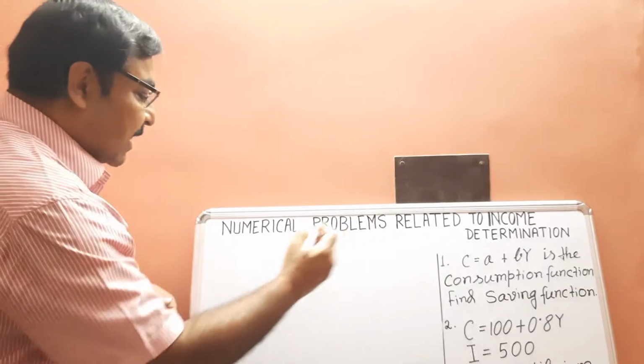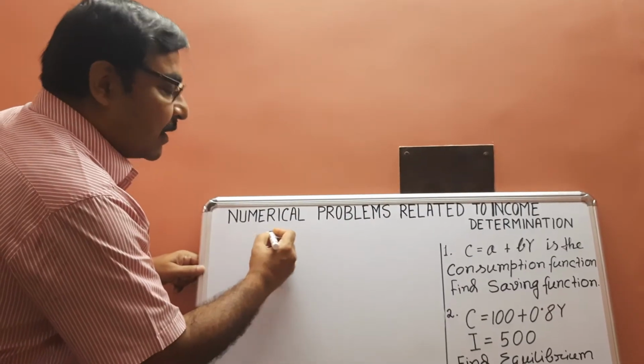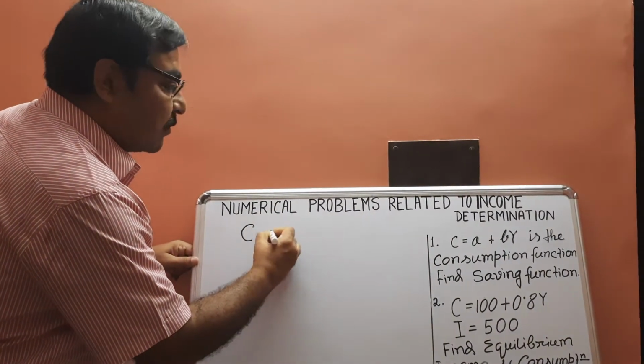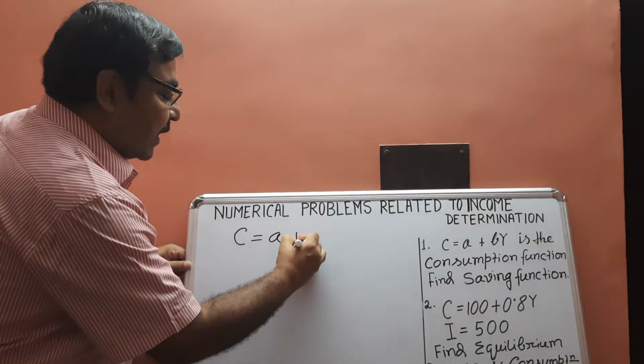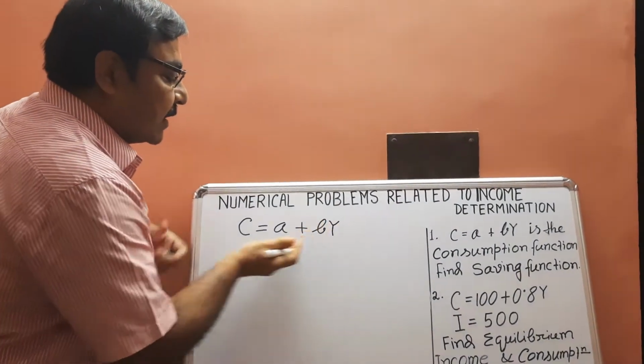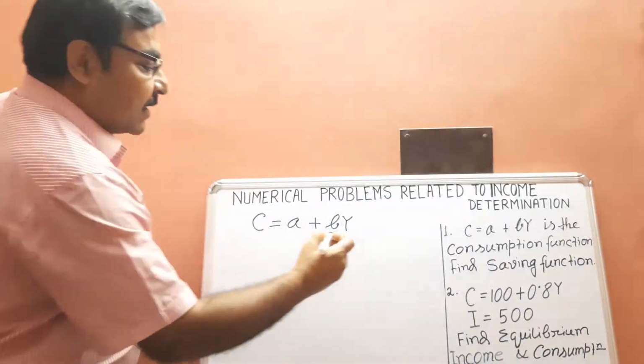Let us write the consumption function, class. C is equal to A plus BY. This is our consumption function.